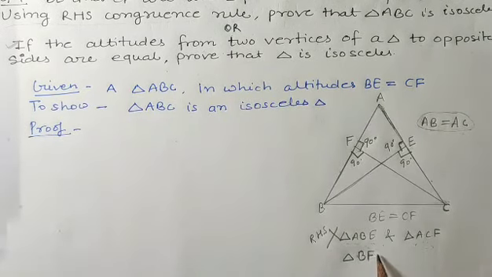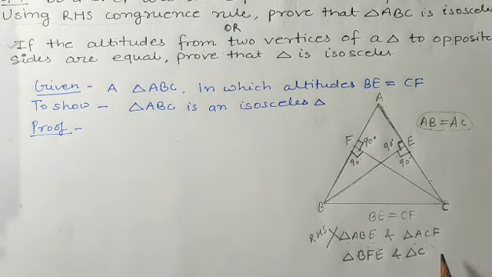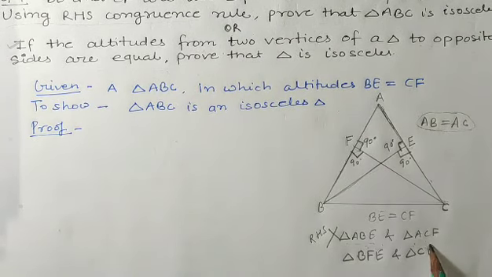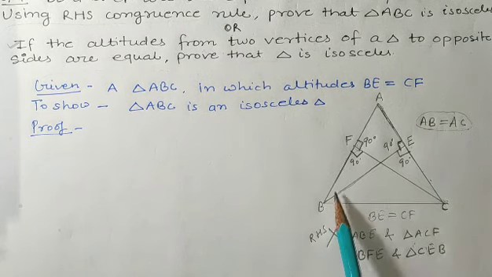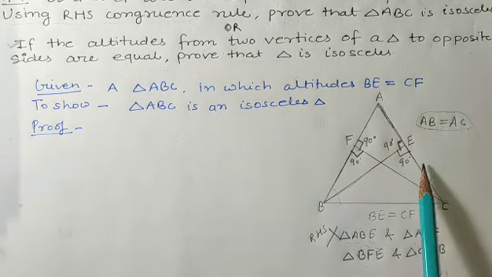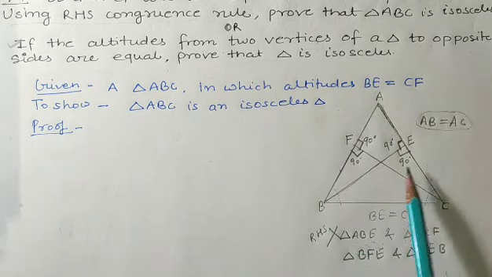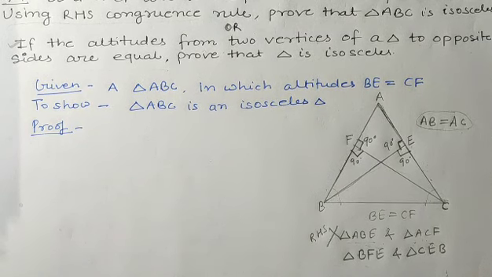Triangle BFE and triangle CEB. If we show that these two triangles are congruent, then angle B will be equal to angle C, and if these two angles are equal, their opposite sides will be equal, and then we can show that AB is equal to AC. This is the concept behind the question.